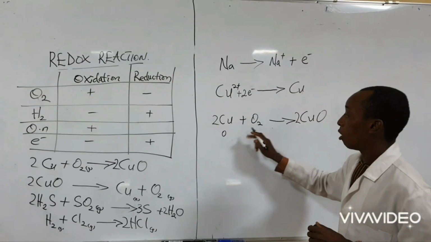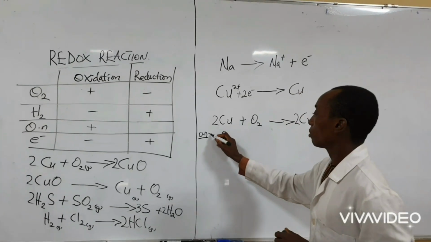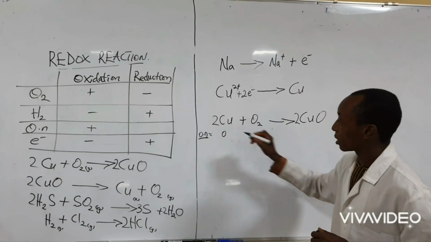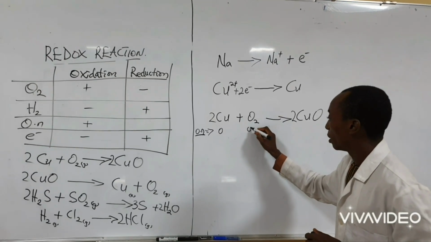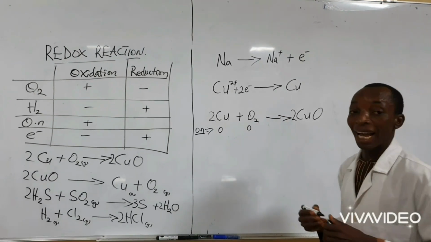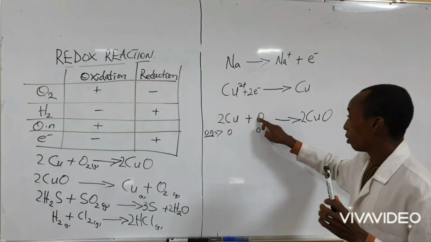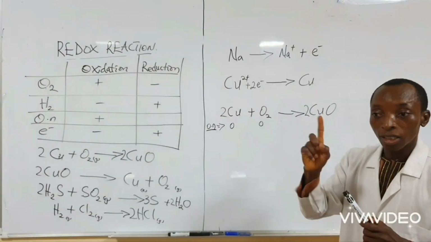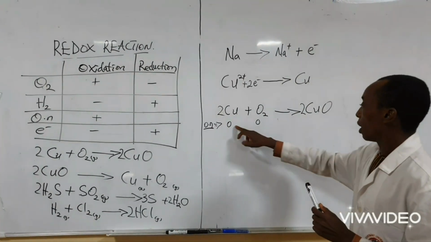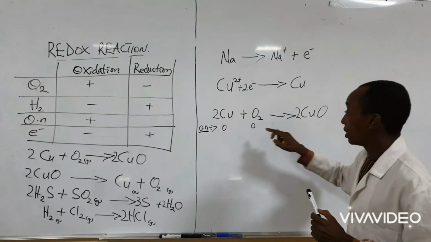Let me put here oxidation number or oxidation state. Oxidation state of copper here is 0. Oxidation state of oxygen here is 0. Even though it's diatomic, it's just oxygen. It's a mole of oxygen. Standing alone, its oxidation state is 0.